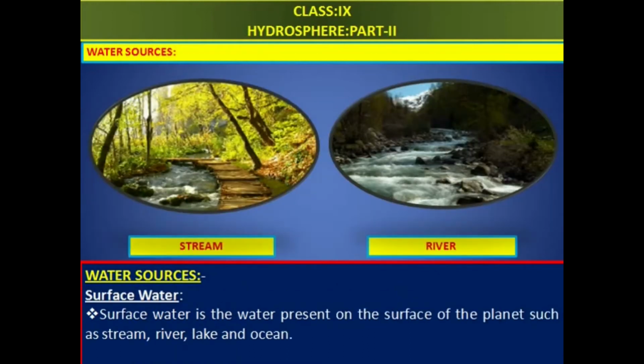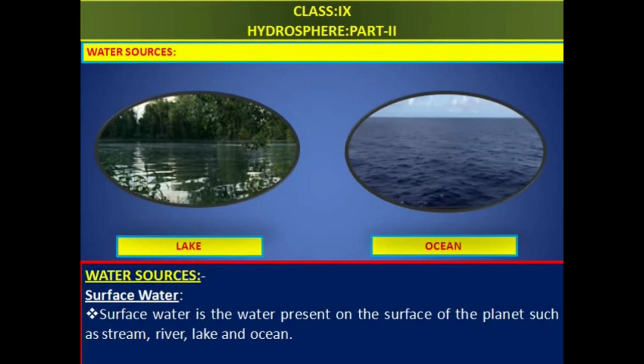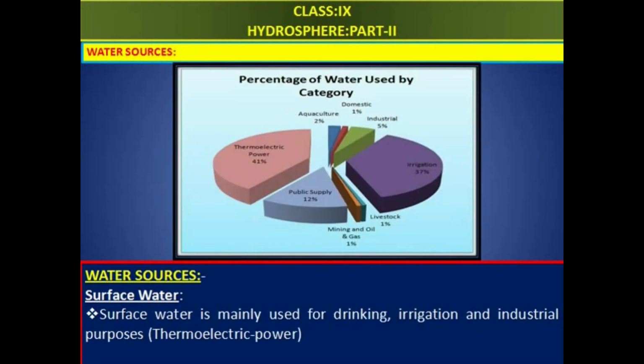Let us know about surface water. Surface water is the water present on the surface of the planet, such as streams, rivers, lakes and oceans. Surface water is mainly used for drinking, irrigation, industrial purposes and thermoelectric power.